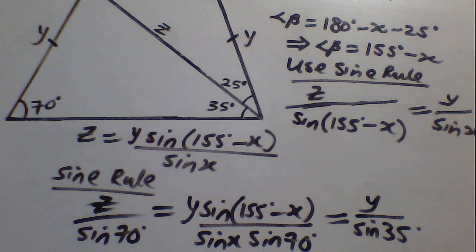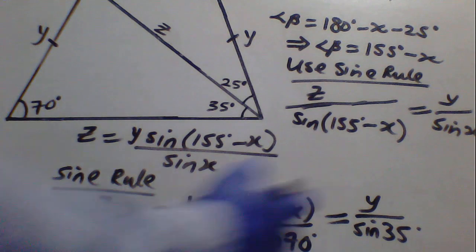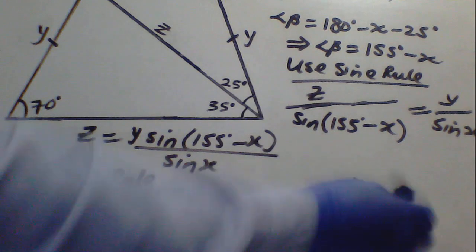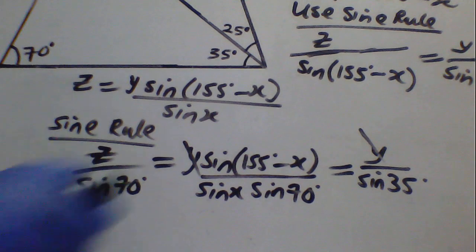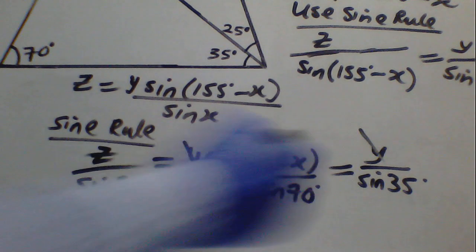Once you have done this, the next thing you have to notice is that there is y here, there is y here, so y can cancel out, and once y cancels out, we can cross multiply the equation.